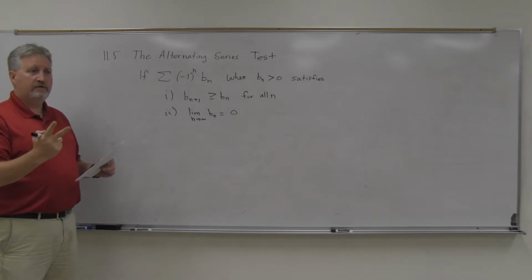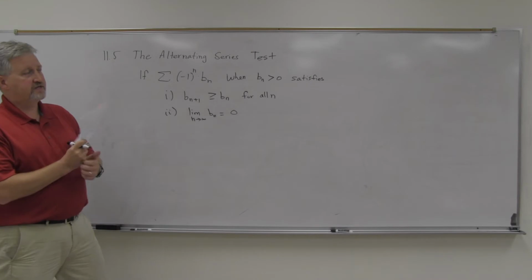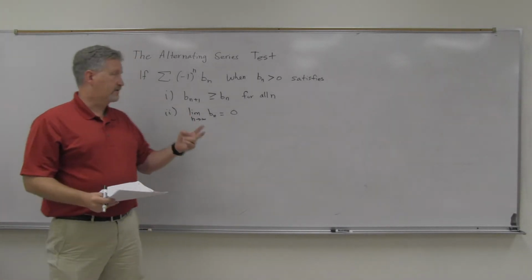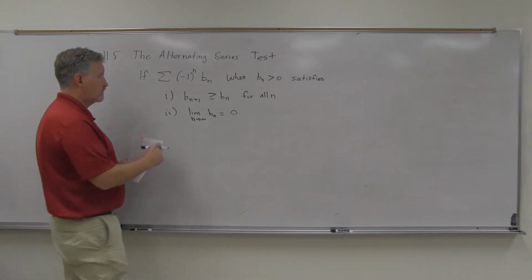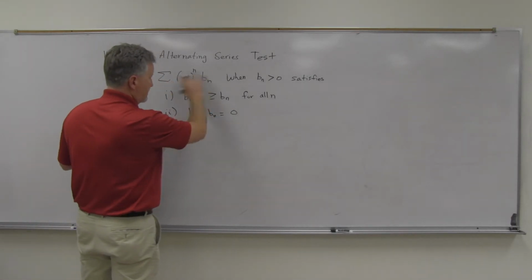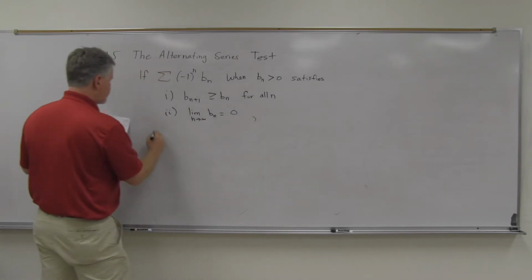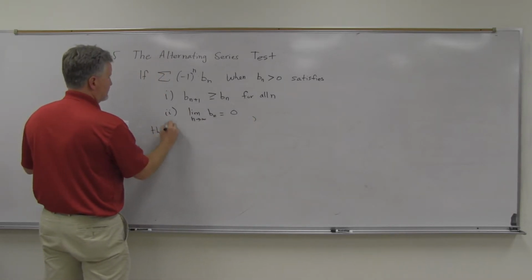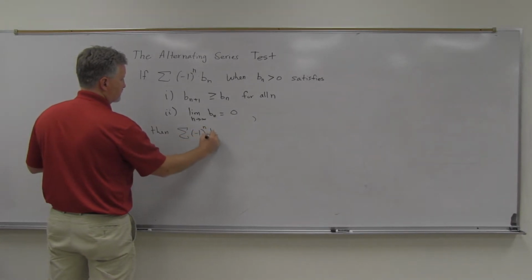So you've got two parts on it. That's kind of like the comparison test, isn't it? Where in the comparison test you had two parts that had to be satisfied. Same thing here. So if that series satisfies that and that, then your series converges.